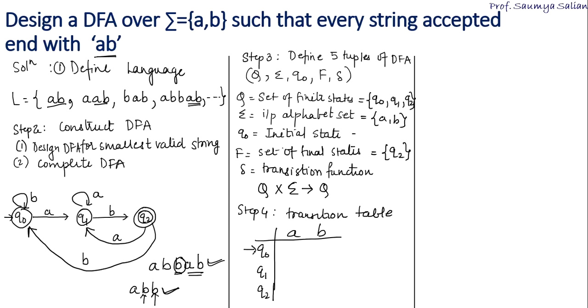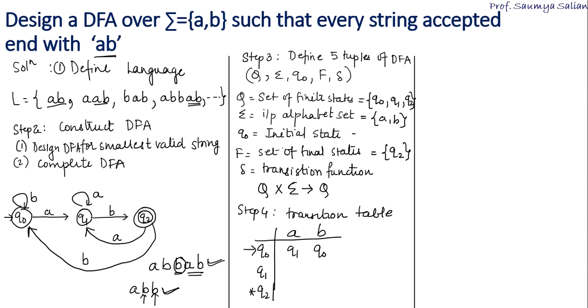Q0 is the initial state, Q2 is the final state. Q0 on A goes to Q1. Q0 on B, we have a self loop here, goes to Q0 itself.